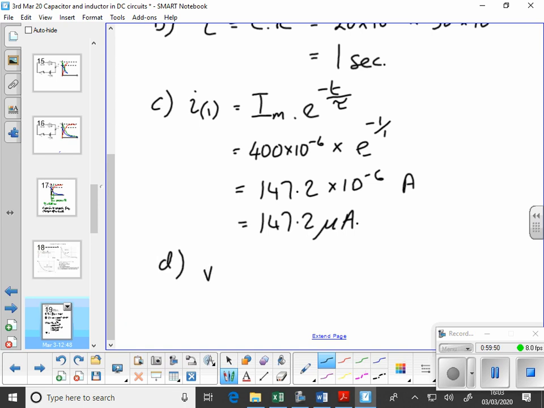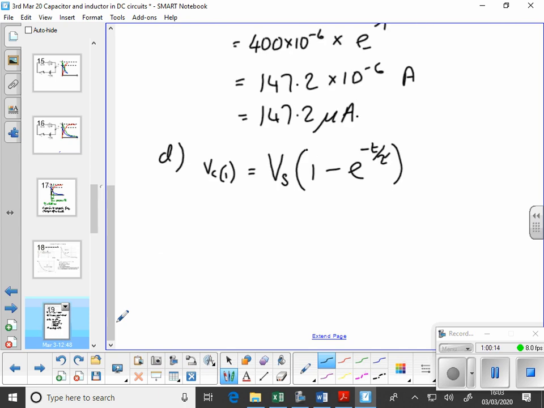So we were looking for VC after 1 second, and that's equal to Vs times 1 minus e to the minus t over tau, because that's exponential rise to a limit, which equals 20 volts times 1 minus e to the minus 1 over 1. One second.